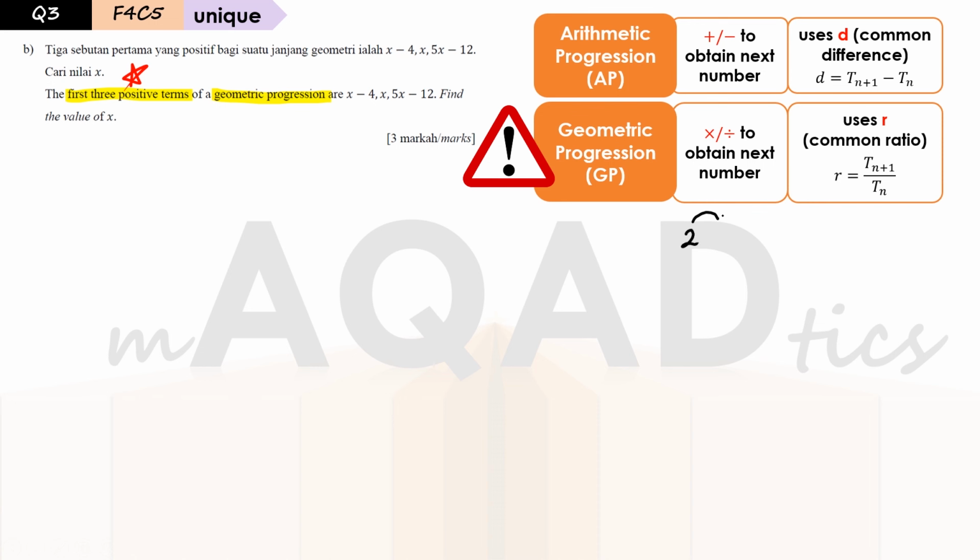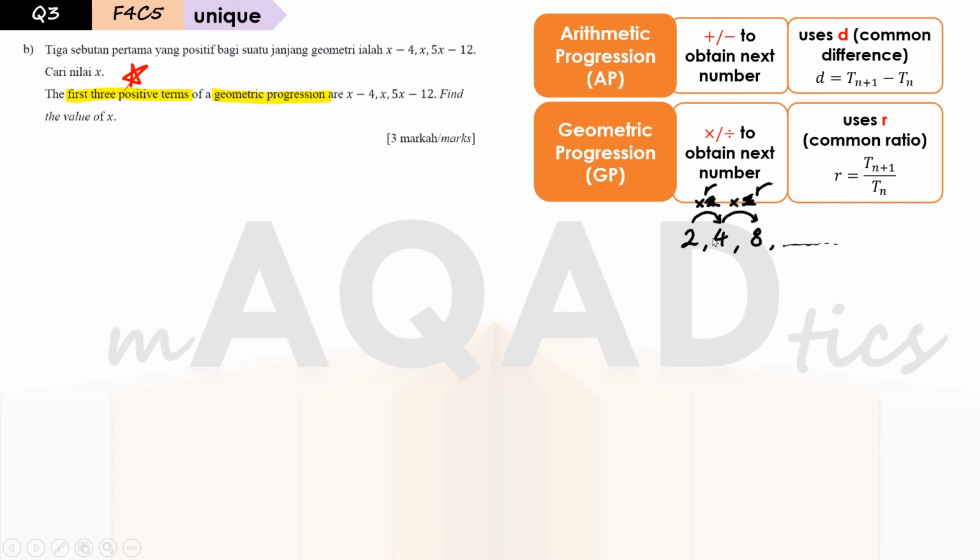If I want to get the next value, let's say I multiply by 2, then I will get 4. Then from 4, to get the next number, we also multiply by the same value, which is 2, and then we get 8, and so on. For geometric progression, usually they use r.